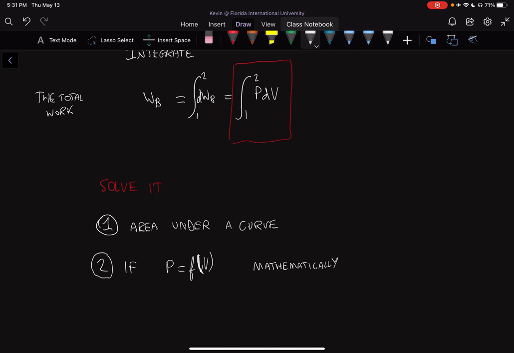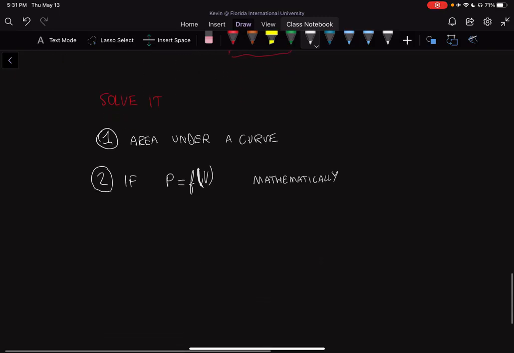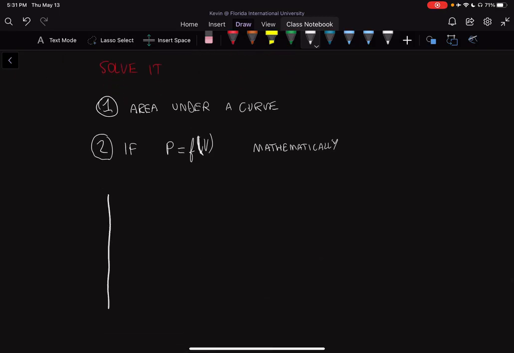Okay, so let's see what that would look like on a graph of PV. So if we have a PV diagram, these are called PV diagrams or PV graphs, and you would have 0 here at the bottom left.